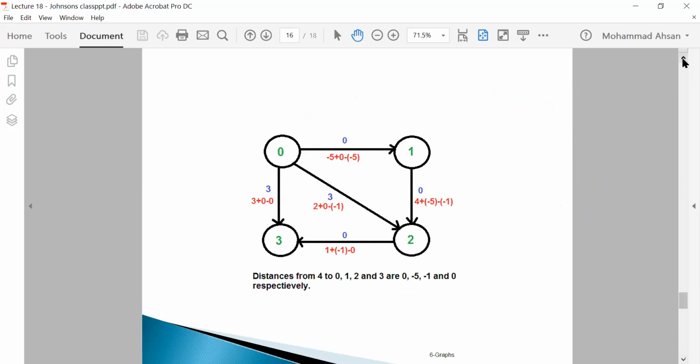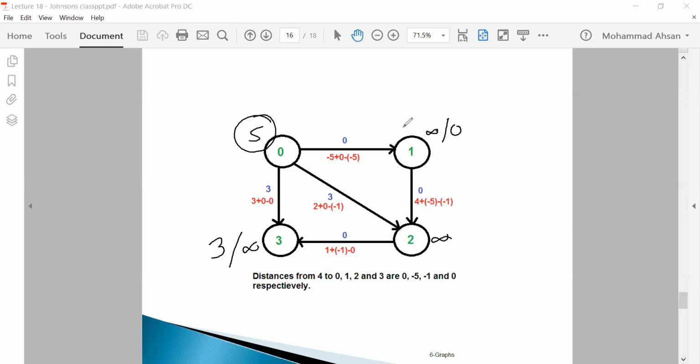So let's run it for one vertex, this is the source. You put infinity as the key values for all the vertices in the queue. Then you dequeue from the queue and update the distance. This changes to 3.